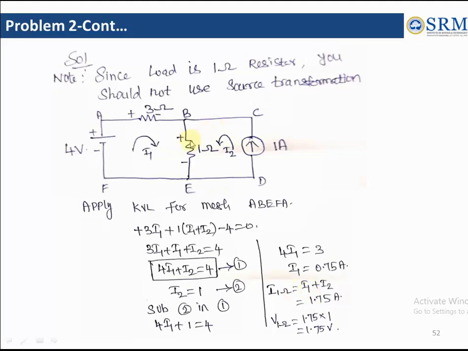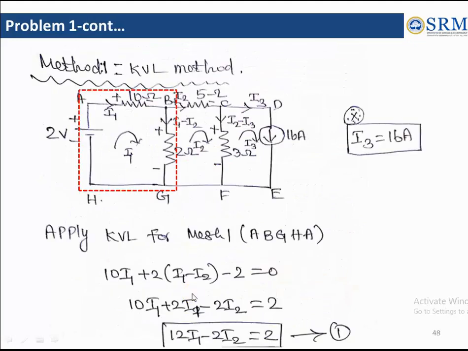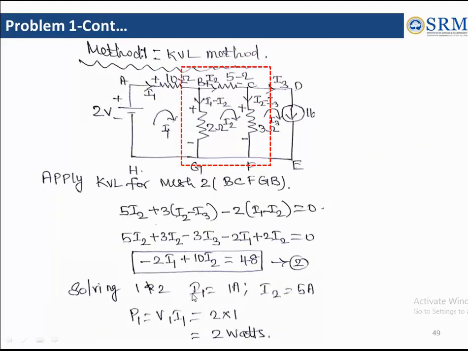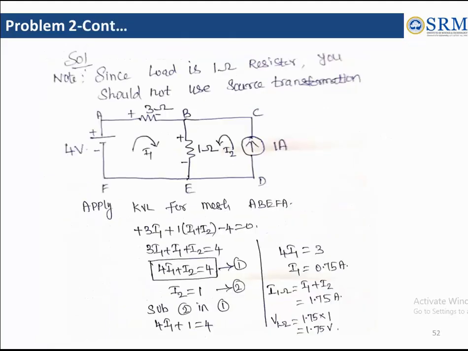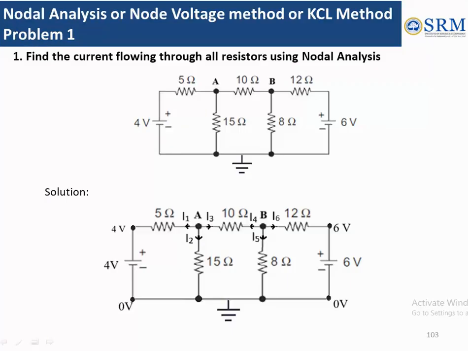The current across the 1 ohm resistor is going to be the sum of both the currents, I1 plus I2. So add both I1 and I2 value. I1 is 0.75, I2 is 1. So 1.75 is the final answer. So we cannot apply source transformation since load is a 1 ohm resistor.